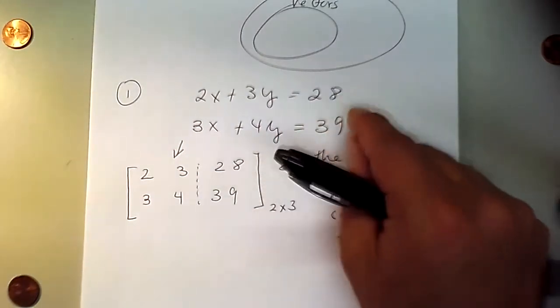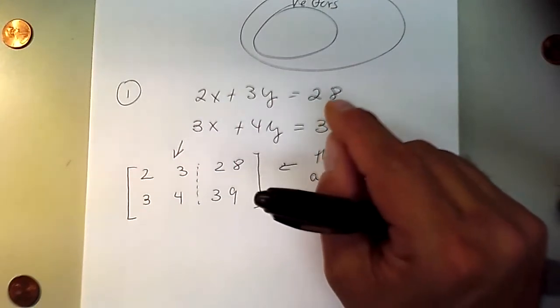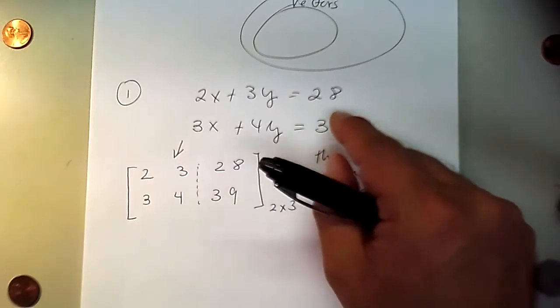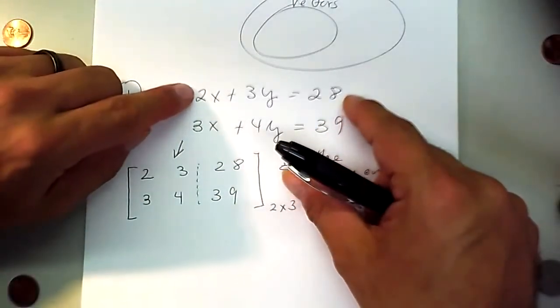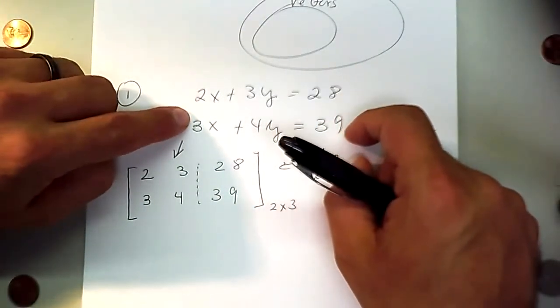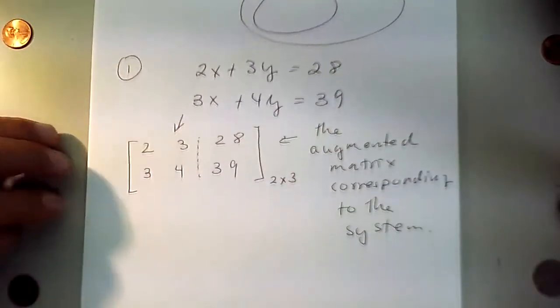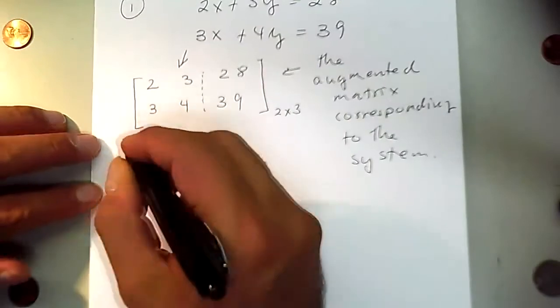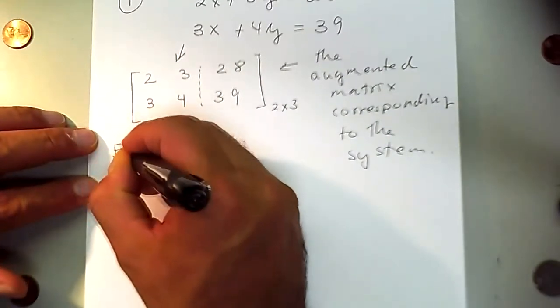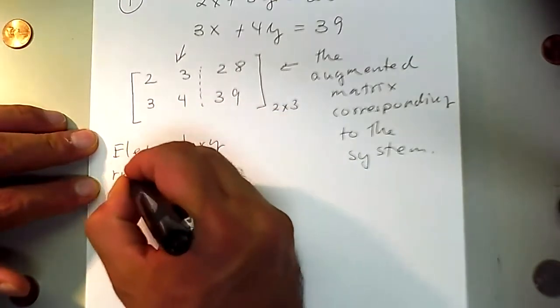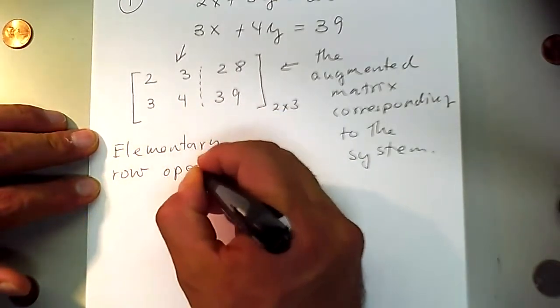Now we have to have a set of operations we can apply to the rows that are equivalent to operations that we can apply to the equations. Those operations are going to be called elementary row operations. Those are very, very important.